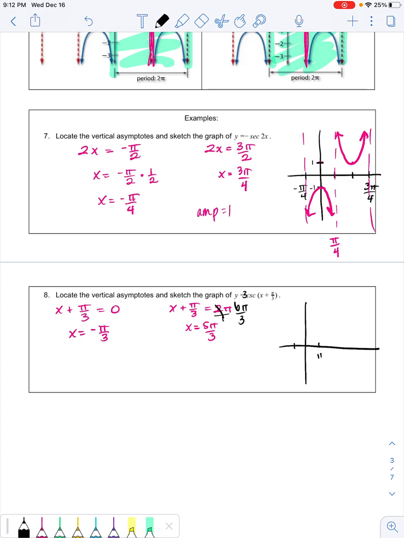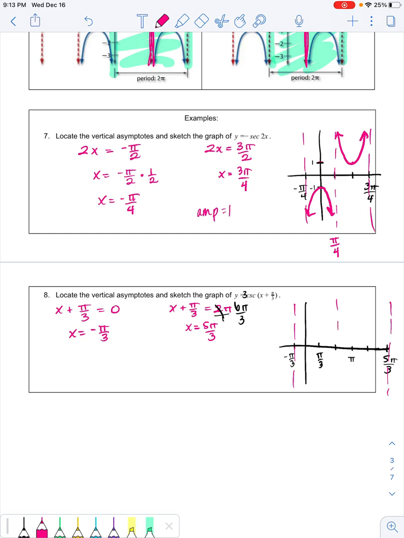So pi over 3's: 2, 3 pi over 3 are pi, 4 pi over 3, 5 pi over 3. Okay, those are my 2 outer asymptotes. So split that interval in half to find your inner one, right?